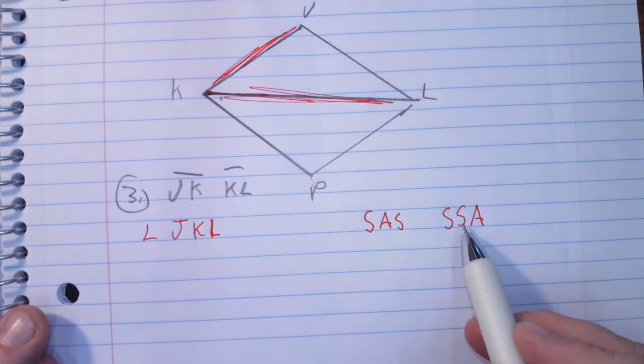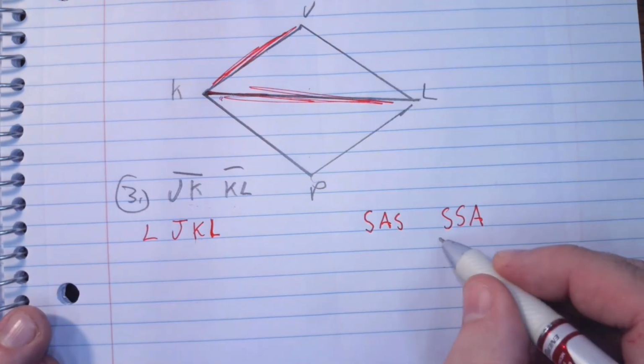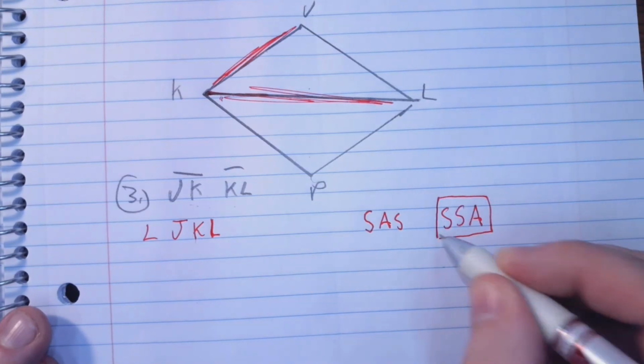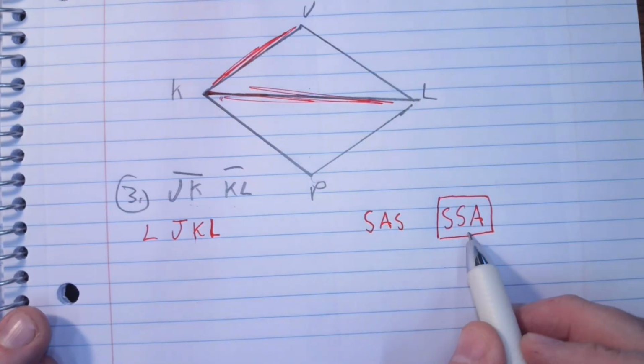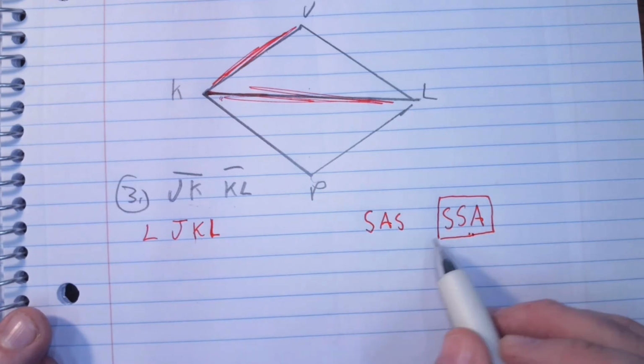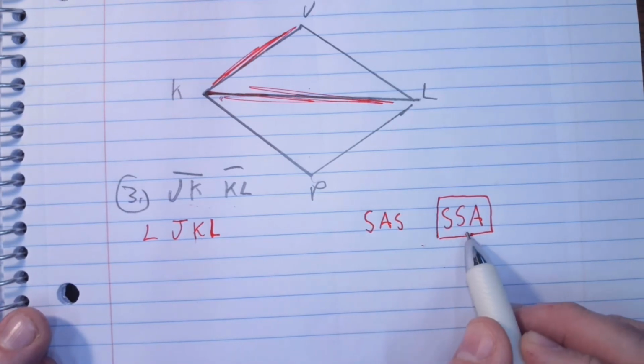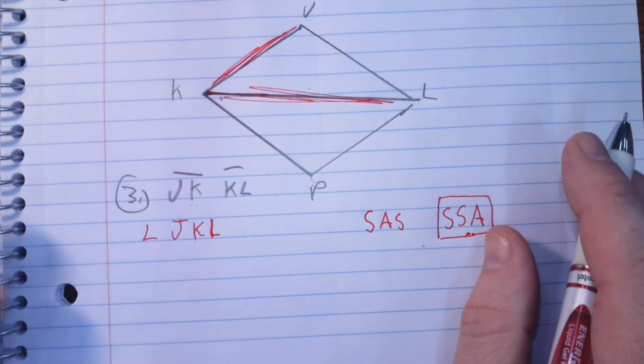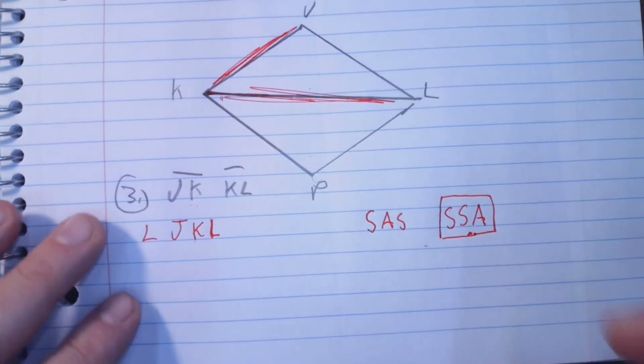This means that the angle is not in between the two sides. This is not ever going to be one of our endings. If you would spell this backwards, it would spell a bad word, right? So just make sure that almost every other combination works. This combination doesn't work.